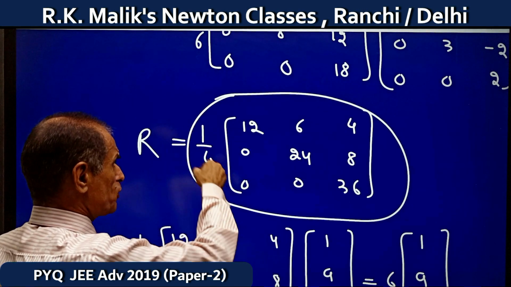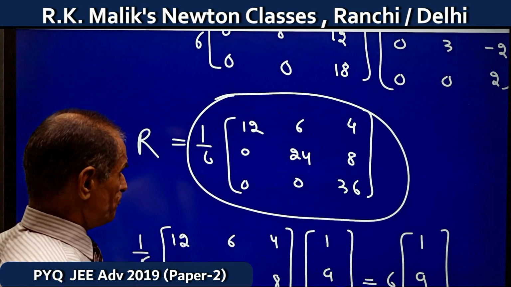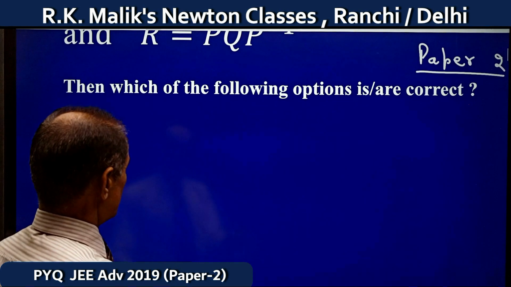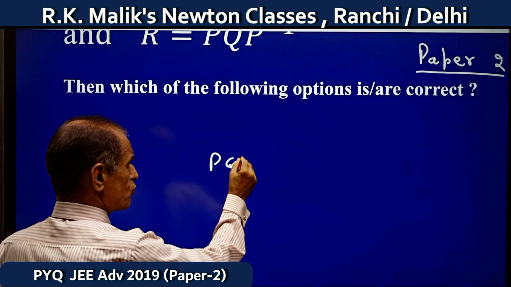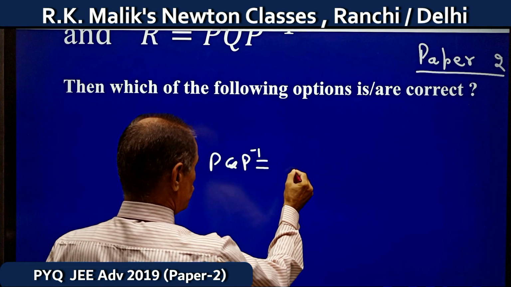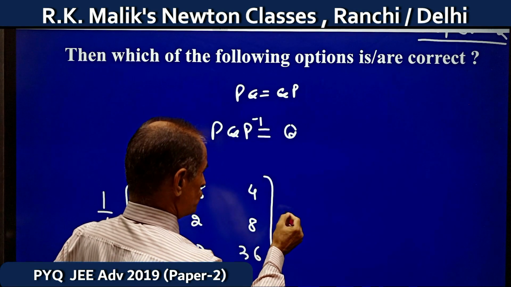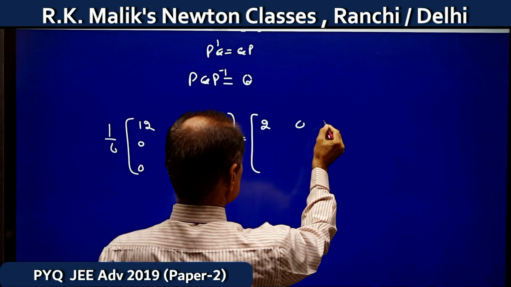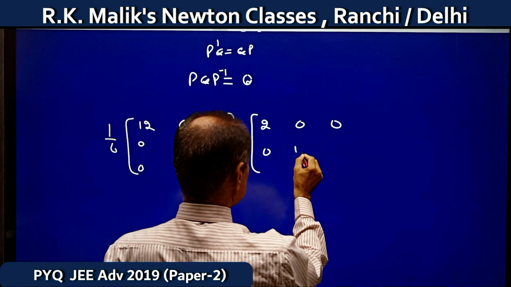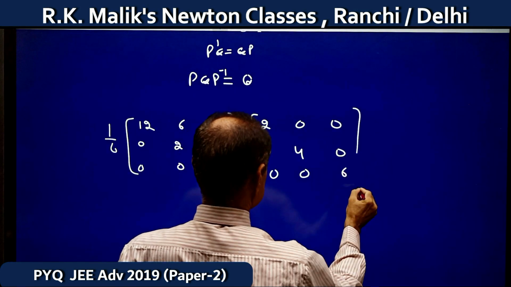This is the value of PQP inverse, and now I put the value of PQP inverse in PQP inverse equal to Q, and this is equal to 2, 0, 0, 0, 4, 0, 0, 0, 6.